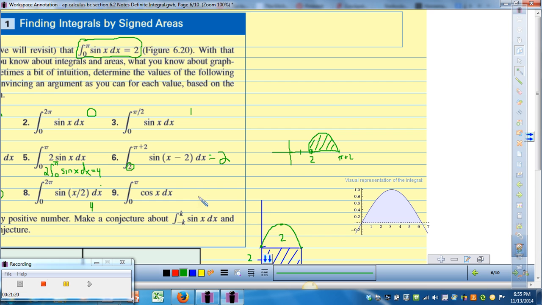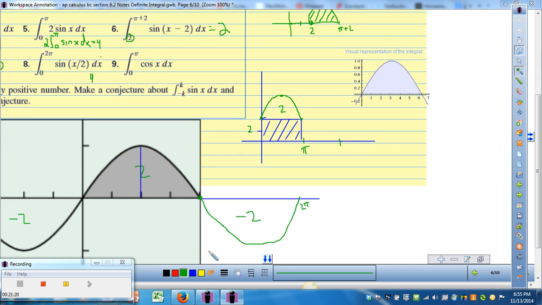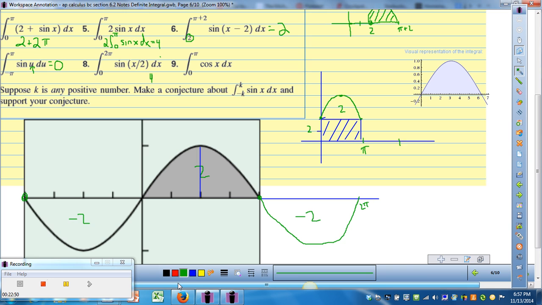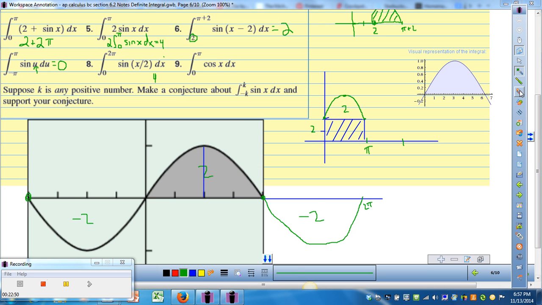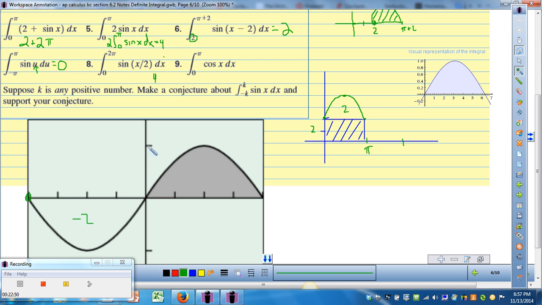All right, and our last one is cosine x from 0 to pi. And if I used just that first graph again, okay, so cosine starts here.